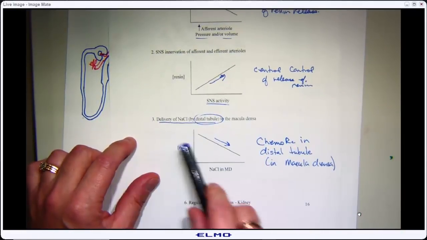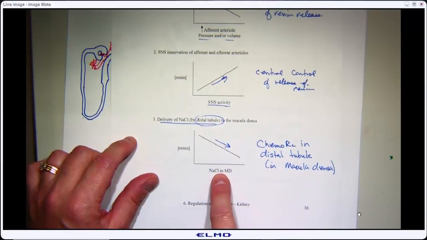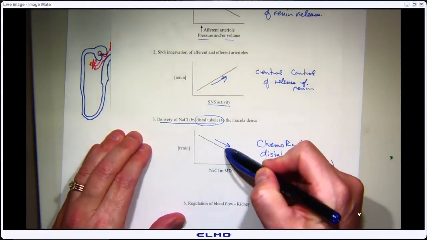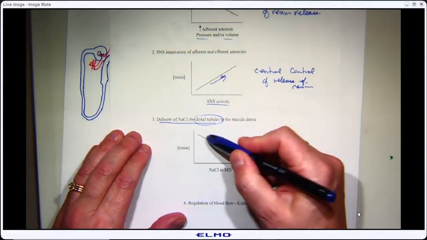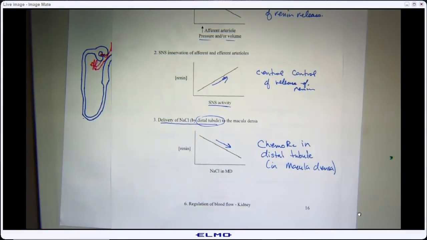We're talking about delivery of sodium chloride to the distal tubule, to the macula densa. And when the sodium chloride in the macula densa goes down, renin goes up. When sodium chloride in that macula densa goes up, renin drops. And it's all just communication between those two cell types.